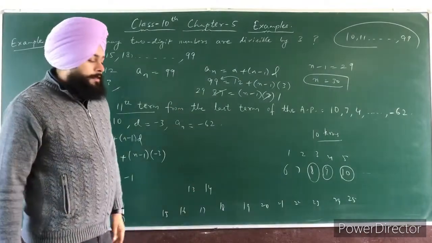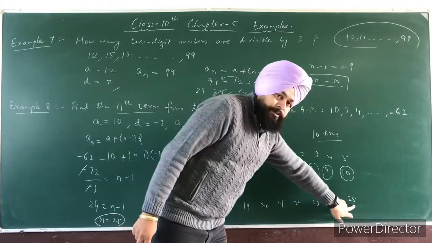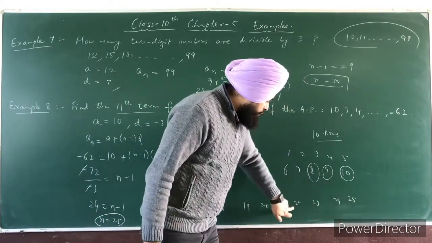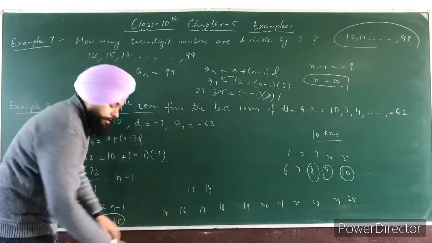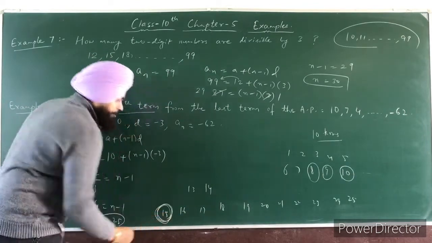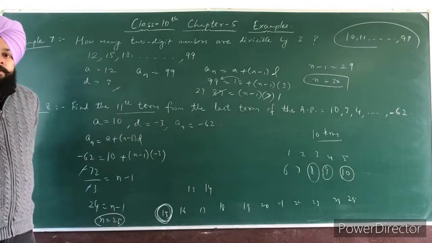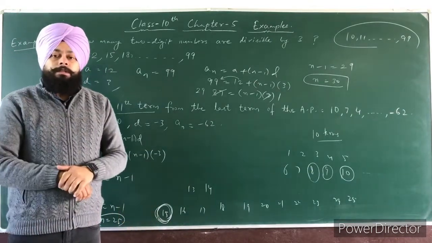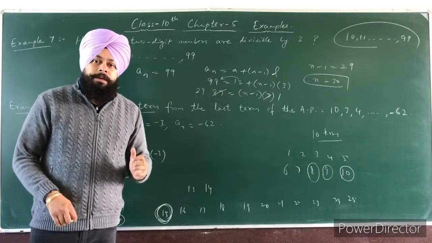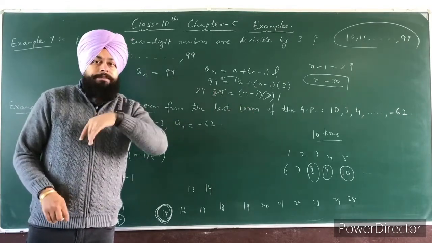So the 11th term is, this is the first term, second, third, fourth, fifth, sixth, seventh, eighth, ninth, 10th, 11th. So this is the 11th term from the last term. It means this is the 15th term. 15th मतलब जो 15th term है इस AP सीरीज की, वो लास्ट टर्म से 11th term है.